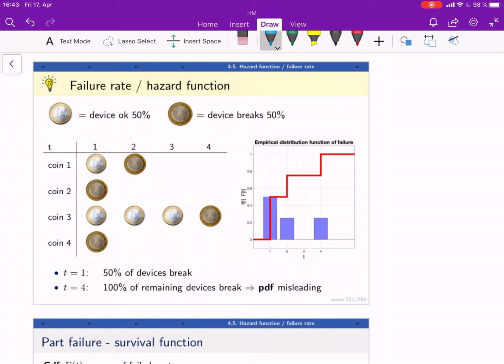But if you just assume that it's kind of representative data, we got 2 breaks at t equals 1, then 1 here, then 0, and another one here. And this is the shape of the PDF, high at the beginning and then it gets lower. And my CDF has the usual shape, that's the CDF.